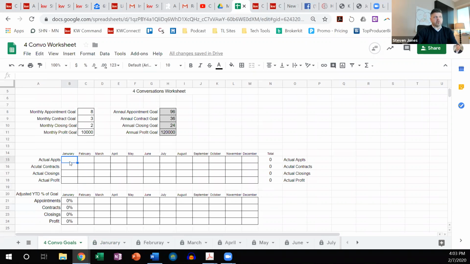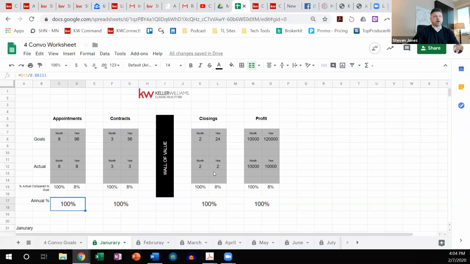So if we're going to enter in, let's say we're at the end of January, we had our 8 appointments. Notice the green shows up with our appointments. We had 3 contracts, we had 2 closings, and our profit was $10,000. You're going to see here we have 100% in each of our columns for our adjusted year-to-date percentage of goal. And if we go to the month of January, you're going to see how this is auto-populated.